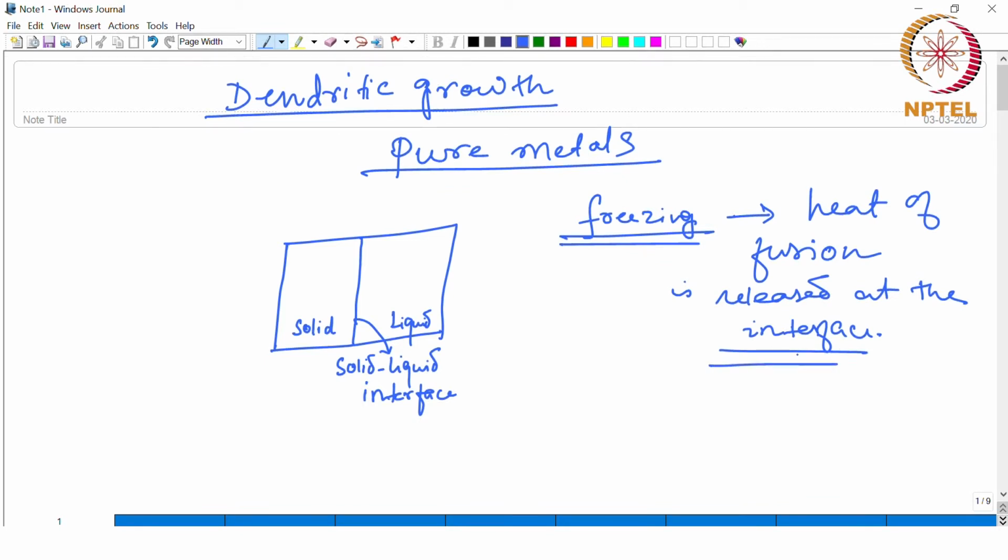And as a consequence of this, the temperature at the interface will be somewhat higher compared to a distance away from it, either into the liquid or into the solid, right. So, if you see the temperature profile as a function of distance from the interface either towards the liquid or towards the solid, it may look like this.